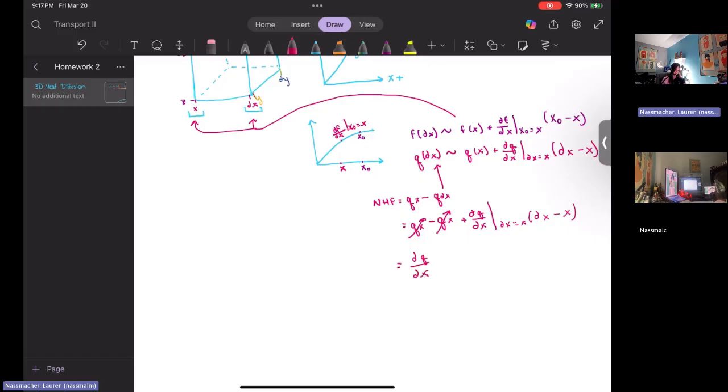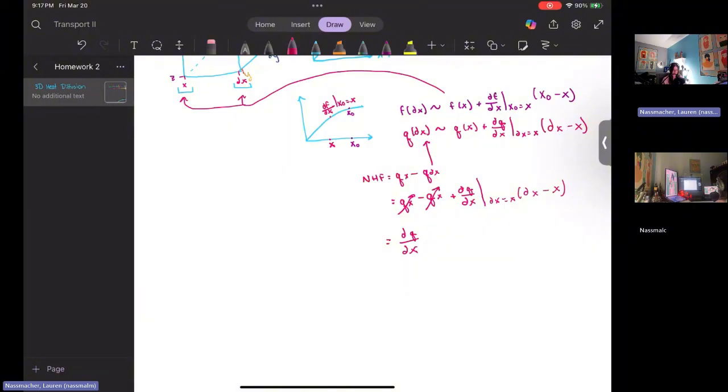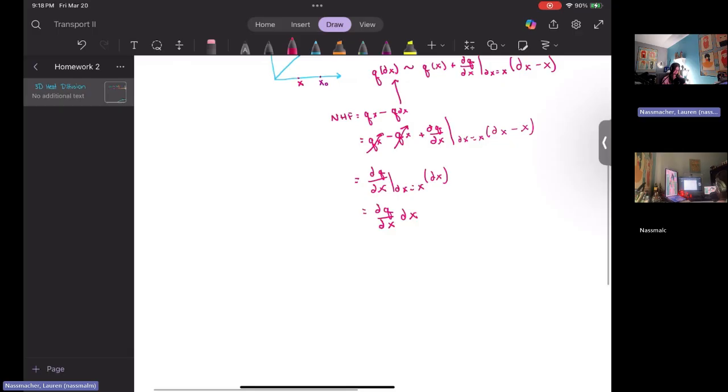So our change in heat flow over change in distance at x is multiplied by dx. Simplifying that, we get our slope multiplied by dx. And this is for our heat flow for x.